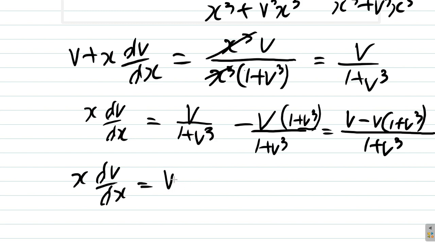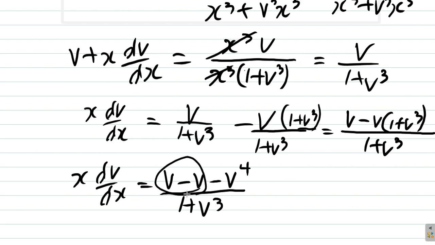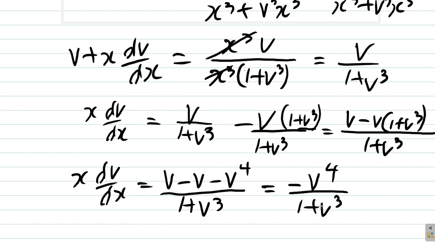Up top you have v minus v times 1 is v when you open the bracket, minus v times v cubed, which would be v to the fourth, over 1 plus v cubed. But notice these two, they subtract. So it turns out to be negative v to the fourth over 1 plus v cubed. Alright.